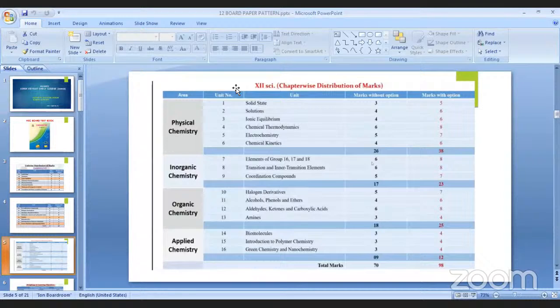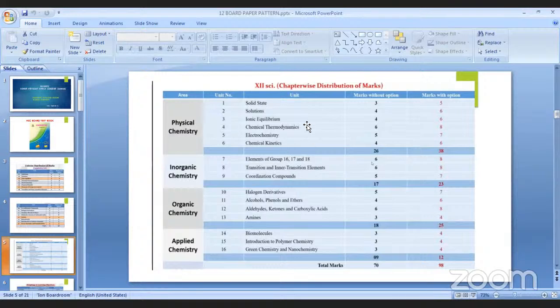If you have observed, physical chemistry mainly contains definitions and derivations, so theoretical things are there. Here you can easily gain marks by understanding topics very clearly and in depth. If you are afraid of reactions, even organic chemistry gives you around 25 marks with the option.